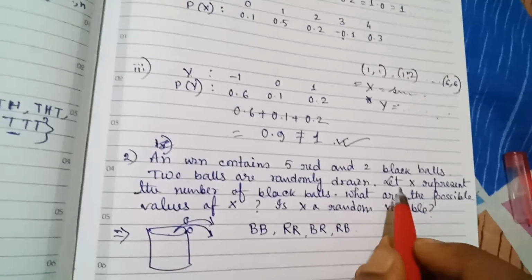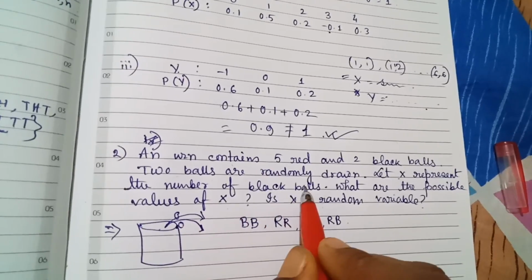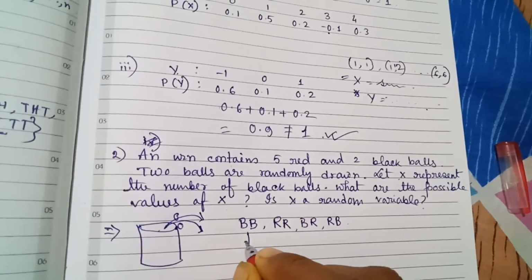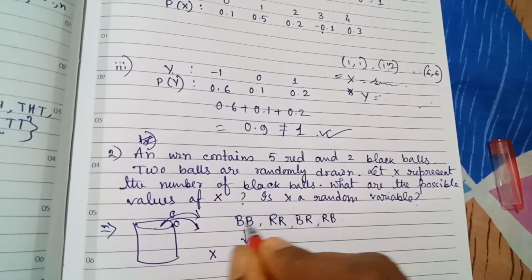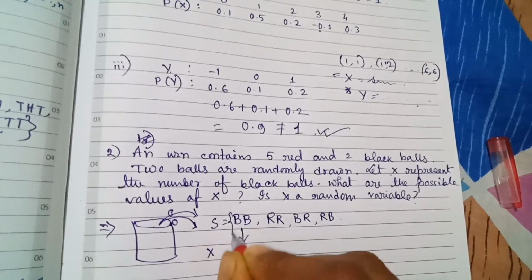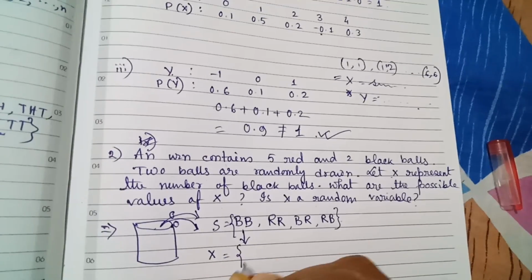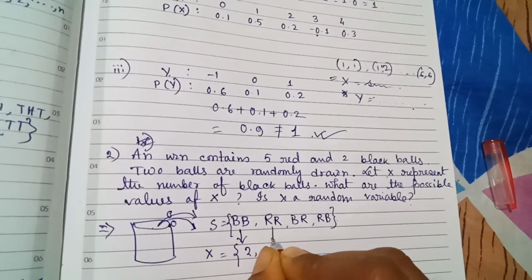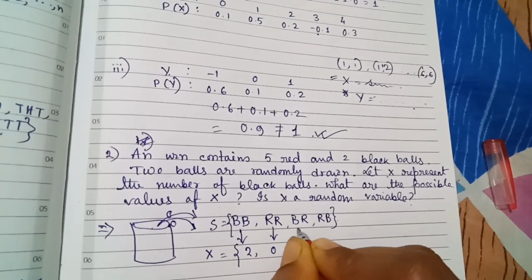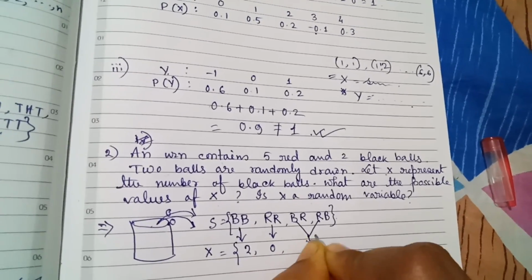Now in the question it is given that x represents the number of black balls. So for this, x takes this value. Suppose this is s I'm giving. Then x will be, this is black balls, so 2. For this 0. For this and this both 1.